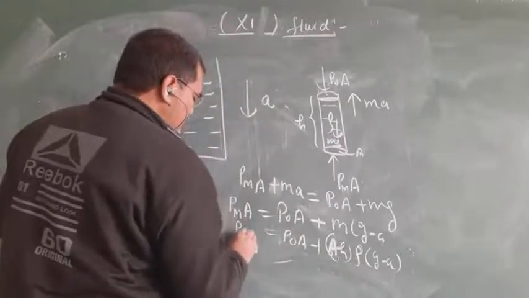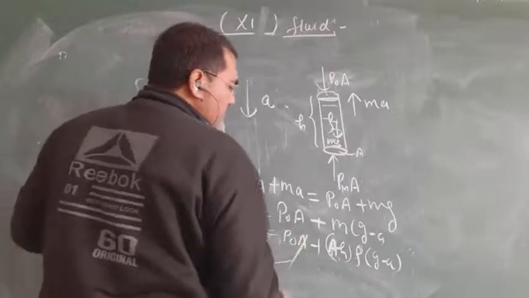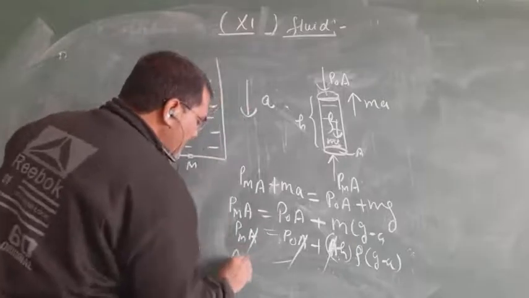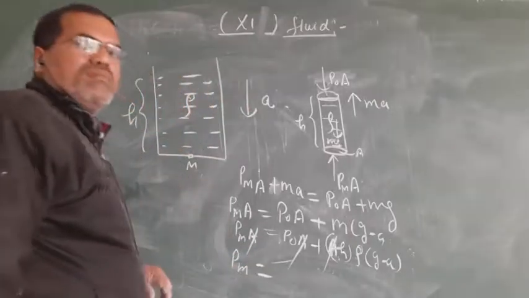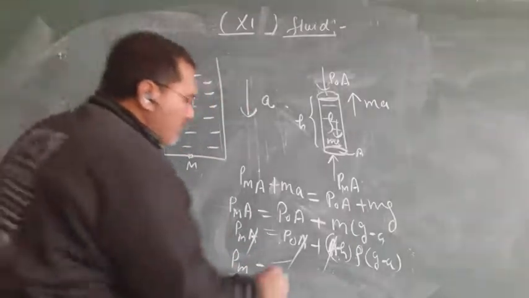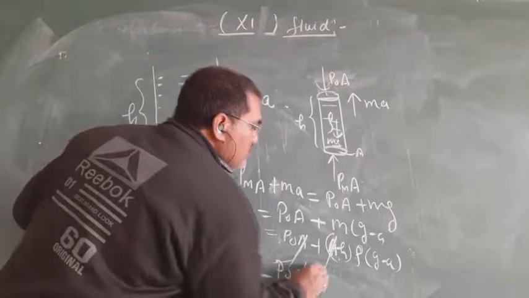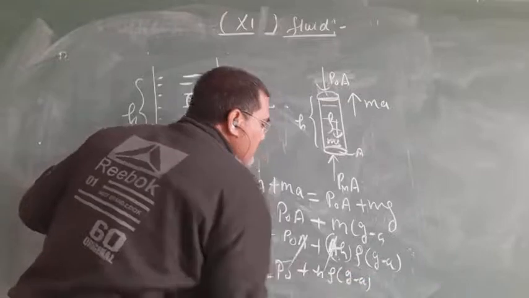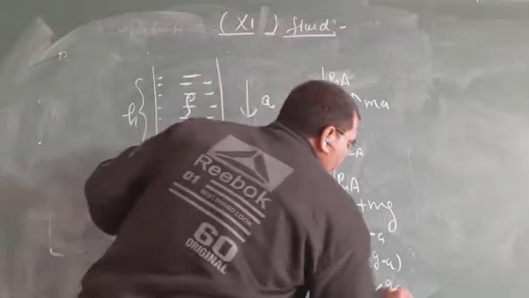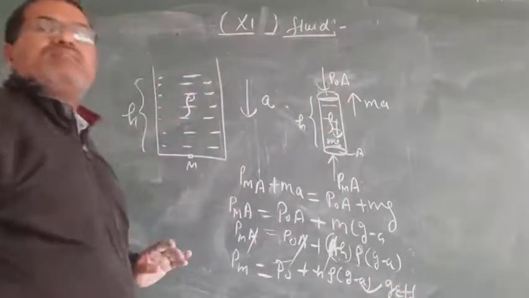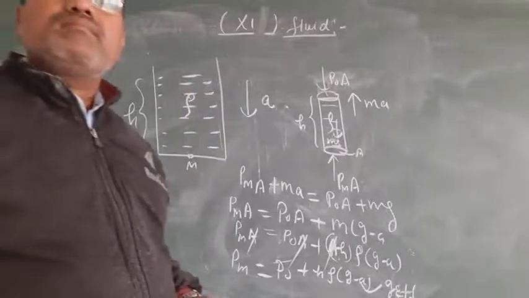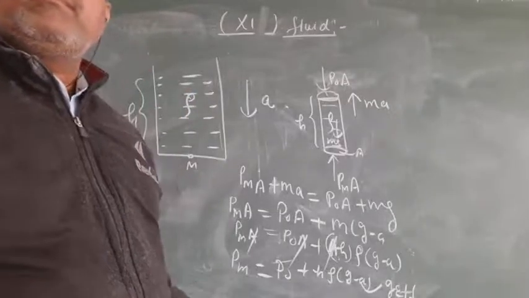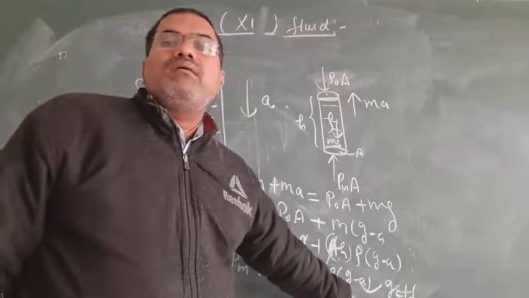A cancels out, so P_m will be P naught plus h rho (g minus a). This is g effective.